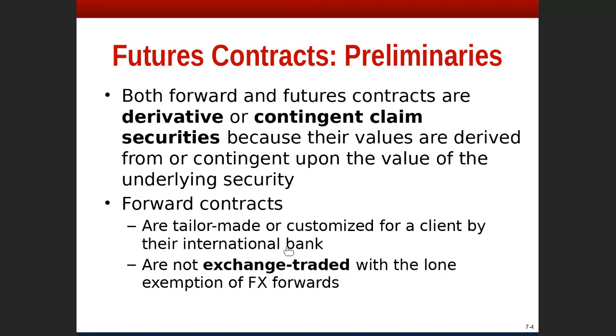So you can approach your bank to negotiate a forward contract with the bank. In so doing, you are able to lock in an exchange rate today. So that eliminates any risk that the Canadian dollar may lose value between now and when you will actually need the Japanese yen. So again, these contracts are tailor-made or customized.